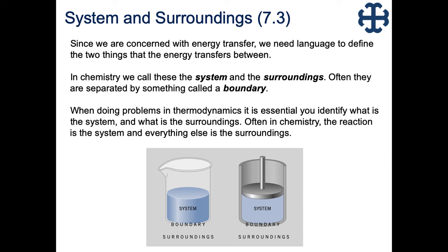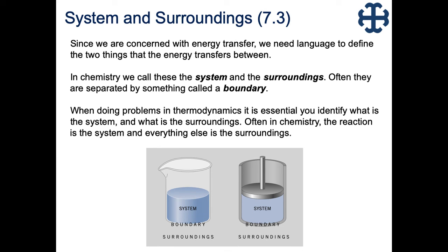And they are often separated by some sort of boundary. So we have an example here. Say we have a chemical reaction going on in this solution. The boundary is our beaker, and the surroundings are just everything else. We could also have a piston, and maybe our reaction is going on in that piston. We have some sort of boundary, and the surroundings again.